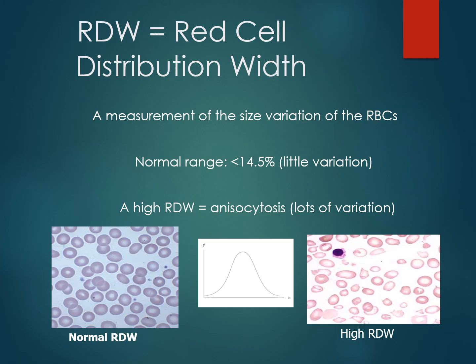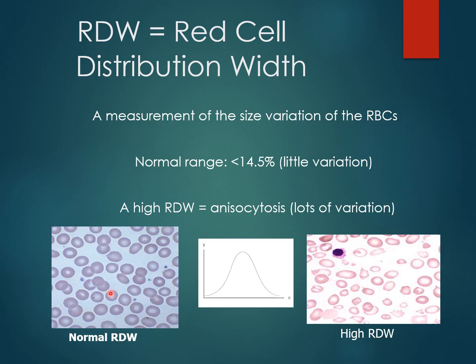And a higher RDW means there's a lot of variation, so greater than 14.5%. When we have a high variation of red blood cell size, we call that anisocytosis. So there's a very specific term that lets us communicate with other scientists and with physicians that there is a large degree of variation.